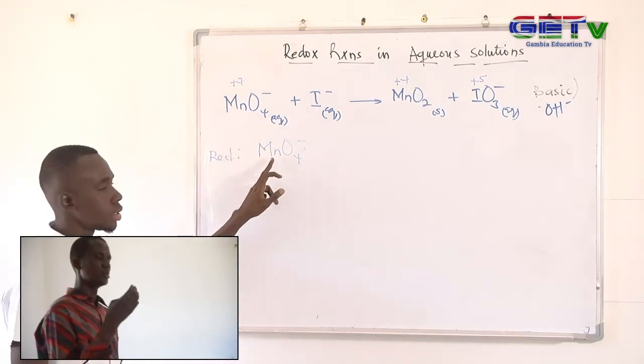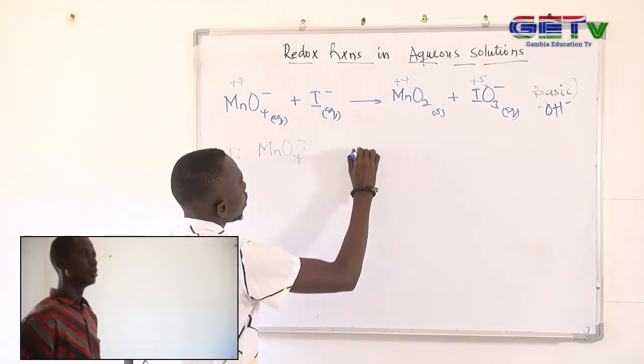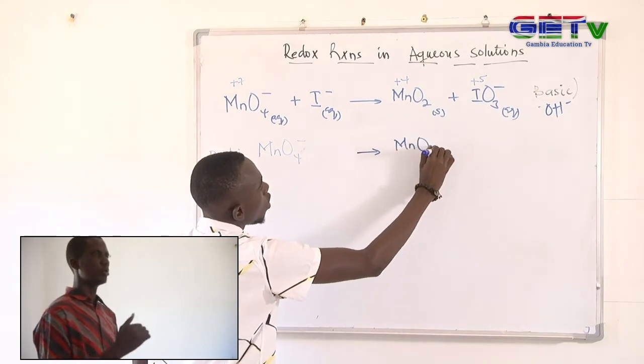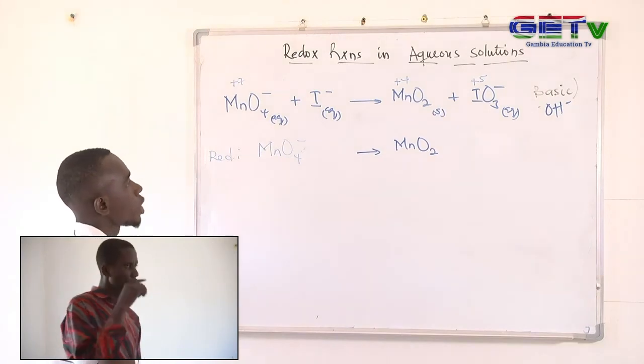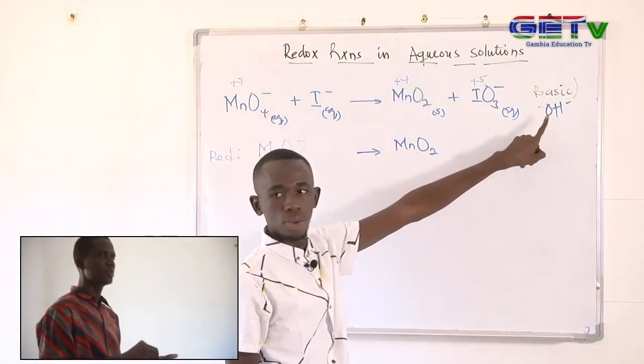So we write MnO4 minus, and this will give us MnO2. We can add hydroxyl ion and water molecules.